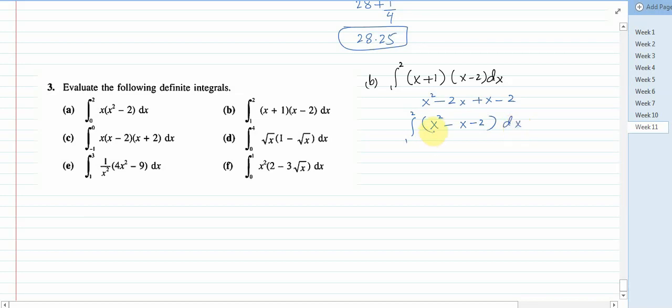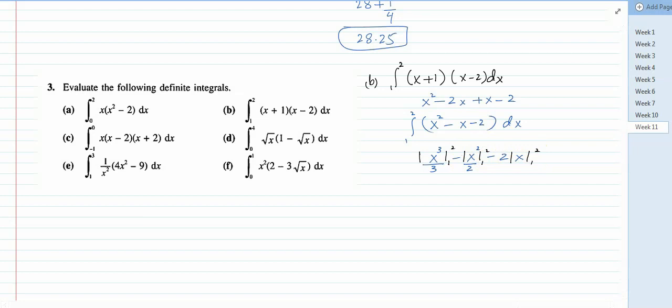So the integral of x square is x cube divided by 3. The integral of x is x square divided by 2, and the integral of minus 2 will be minus 2x, right? And after integration we need to apply limits here. So the limits are 1 till 2, 1 till 2 and 1 till 2.